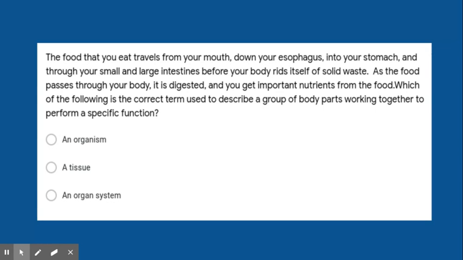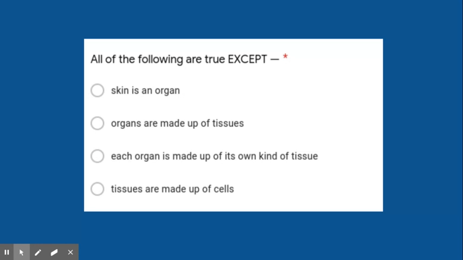As the food passes through your body, it is digested, and you can get important nutrients from the food. Which of the following is the correct term used to describe a group of body parts working together to perform a specific function? So if you look at it, you've got your mouth, your esophagus, your stomach, your small intestines, and your large intestines. Those are organs working together. So what would that be?